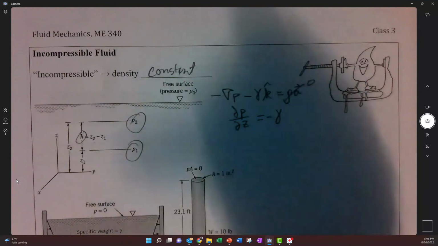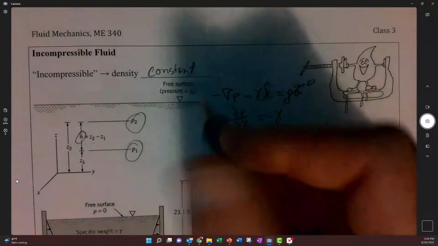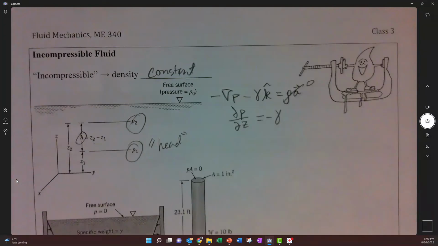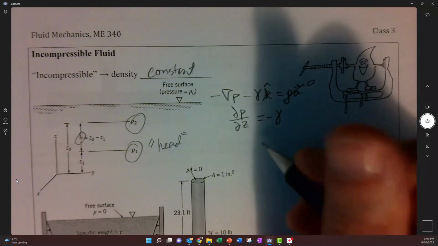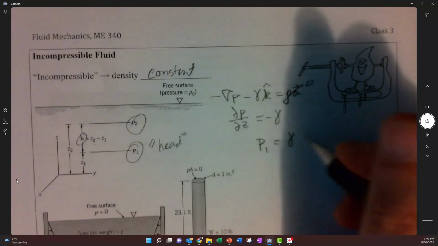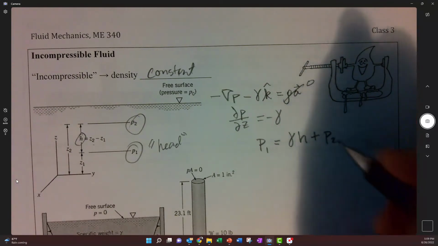A lot of times we'll use height, but actually we might want to refer to that h as head. That is generally the term, so we use head, and sometimes we think of pressure in terms of the head that's on the thing. And so we would write as a general equation, P1 is equal to gamma h, the head, plus P2, right?